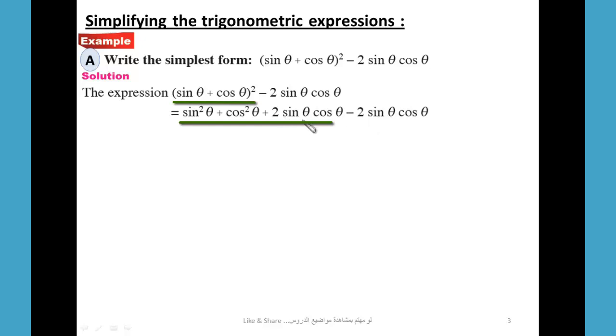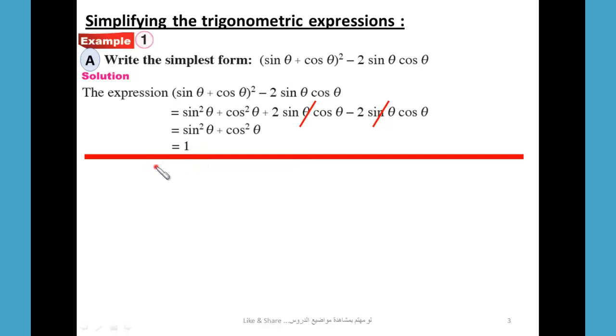Now 2 sine theta cosine theta minus 2 sine theta cosine theta equals 0. We can cancel it. So the remainder will be sine square theta plus cosine square theta, which equals 1. So the simplest form of this expression is 1.